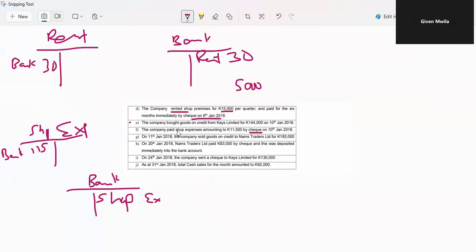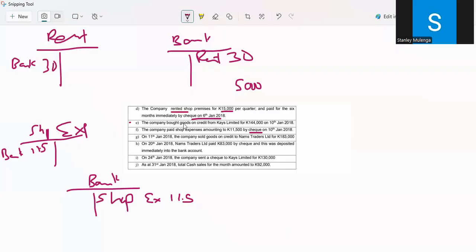Paid shop expenses amounting to 115. So 11.5. Just removing three zeros. So meaning we shop expenses, the expenses, to increase expenses, we debit them. Then the bank, because it's paying out, so it's reducing. That is how it comes.